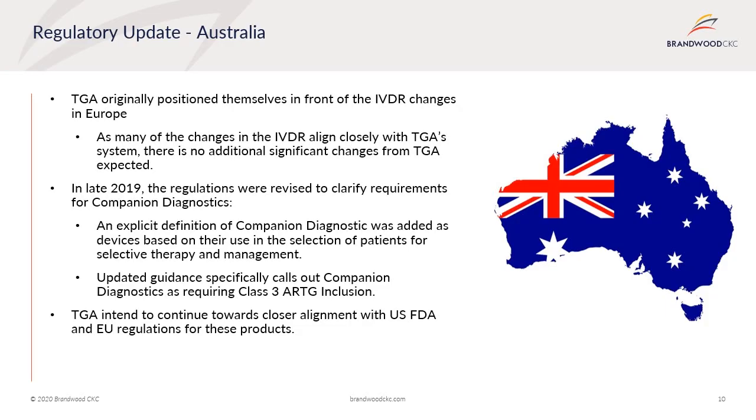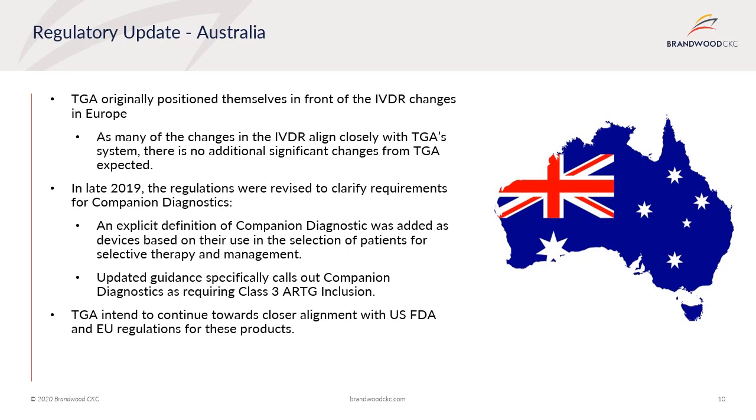We start with Australia. Because Australia has positioned itself kind of ahead of the IVDR change in Europe, many of the things that are happening with IVDR are actually consistent with what is already in place by the TGA. So again, those changes in the IVDR align closely with the TGA system, so we don't expect any significant changes from the TGA itself.